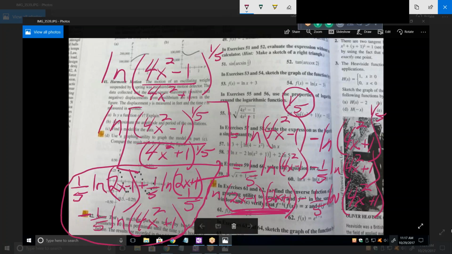Now, I've got arguments here that have things added and subtracted inside the argument. You can't do anything with that. The log of a plus b is equal to the log of a plus b.